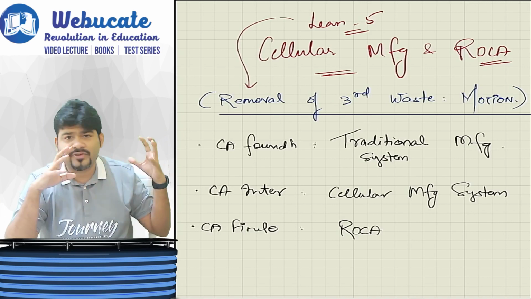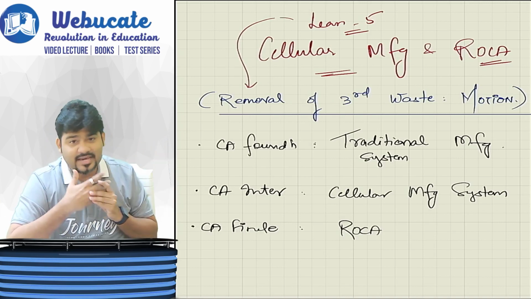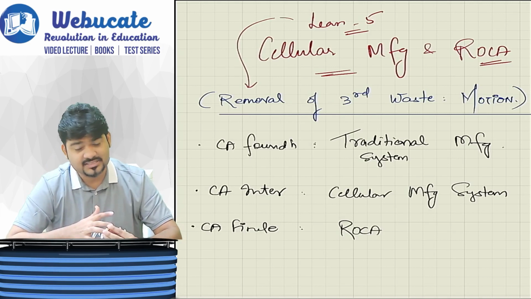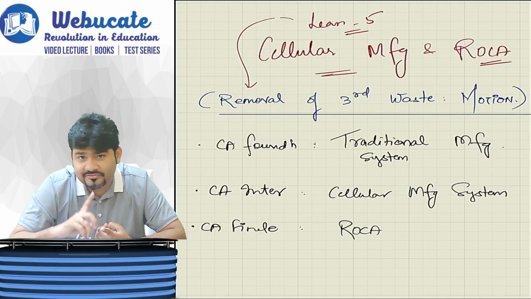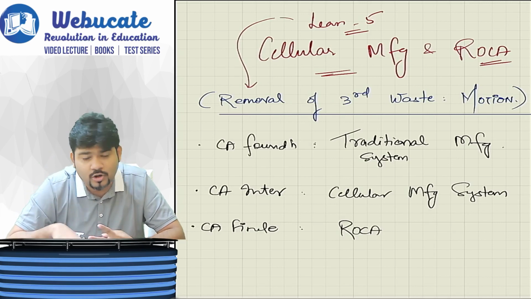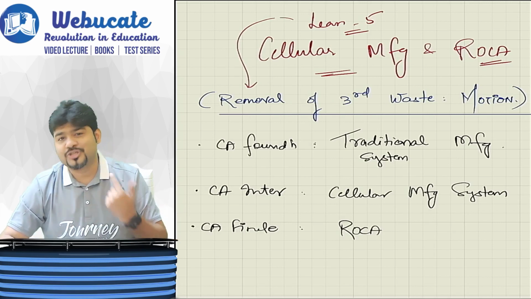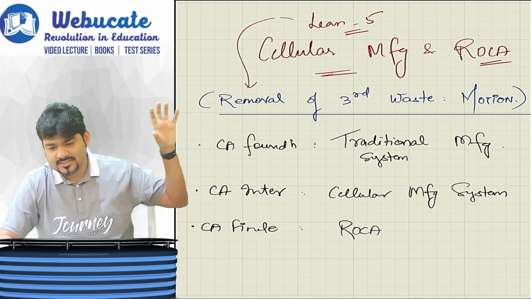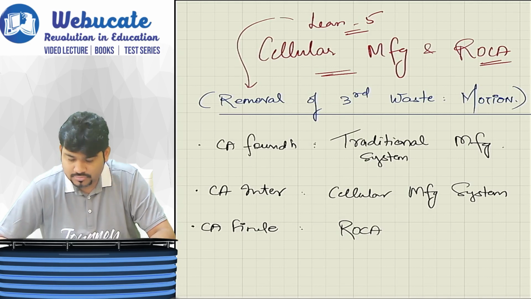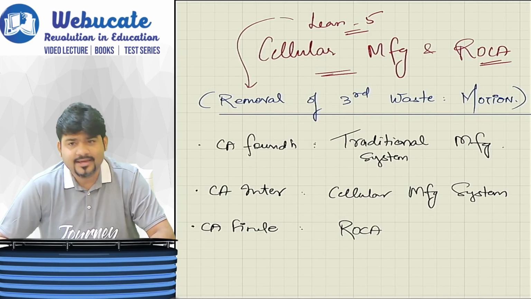There are a lot of wastes which are happening, and therefore, see, necessity is the mother of invention, right? So we realize that this traditional manufacturing is resulting in a lot of waste of time and resources. At the same time, there is a lot of overcost involved. So must we need to change, right? Only once you find some issues, some problems, will you want to change it, right? As is the case with any other thing.